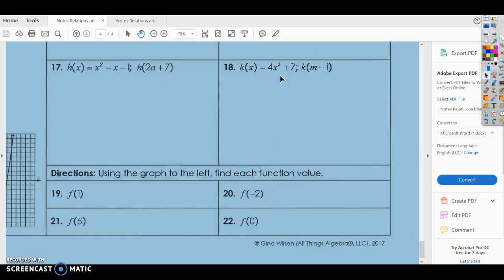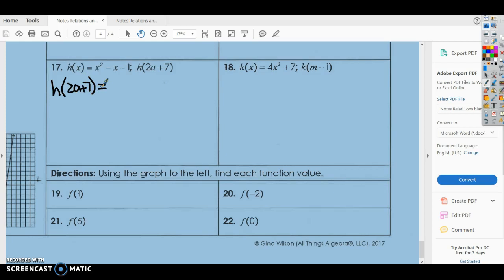So let's look at number 17 and see what happens here. All right, so if I substitute in 2a plus 7, I may run out of room here since this is going to be a big problem. I may have to use some space from the other spots there.